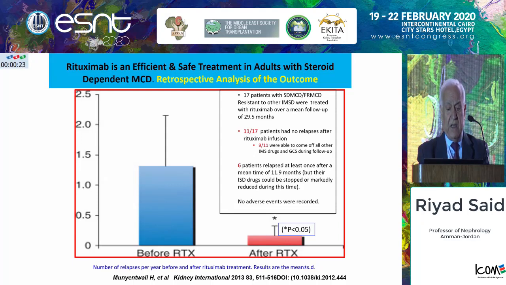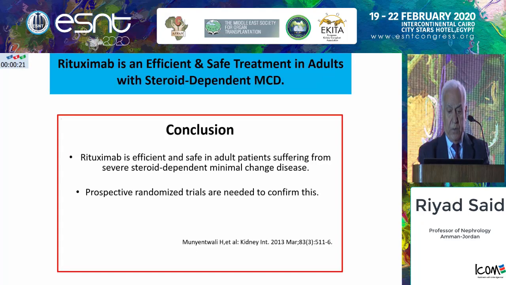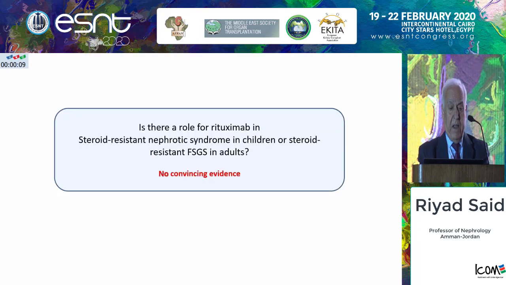After treatment it is quite low. The conclusion is that rituximab is efficient and safe in adults suffering from severe steroid-dependent minimal change disease, and still we don't have prospective trials for this. Now, is there a role in steroid-resistant and focal segmental resistant disease? There is no convincing evidence for that.